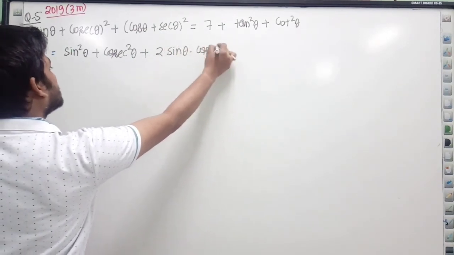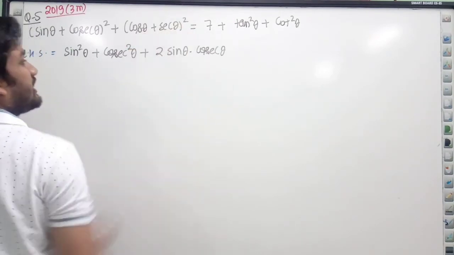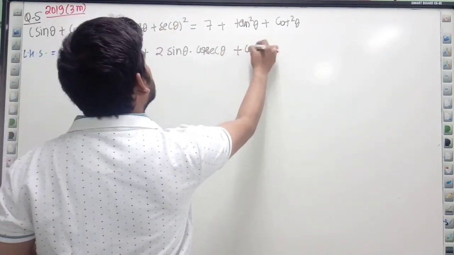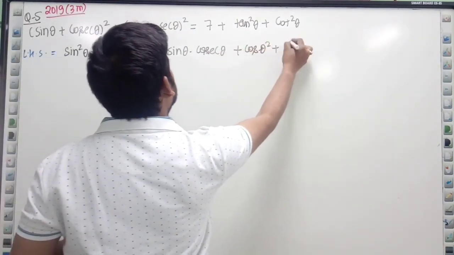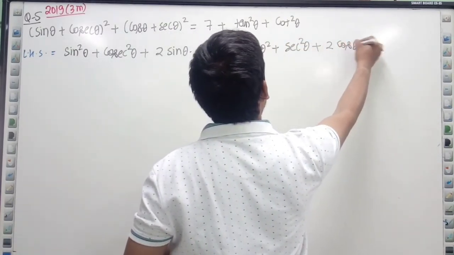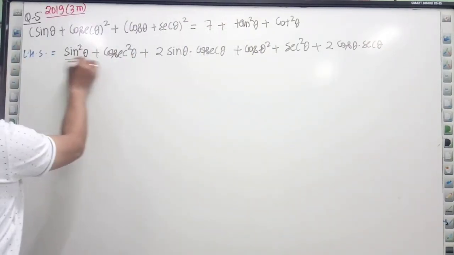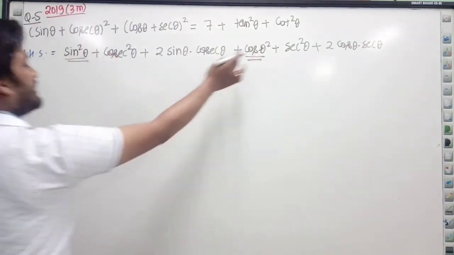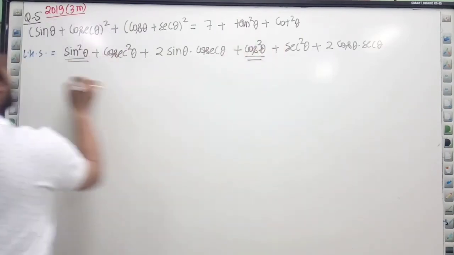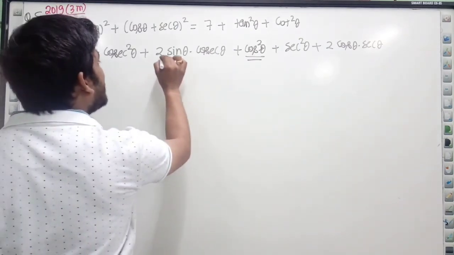Again, (a plus b) whole square is what? a square plus b square plus 2ab. Now, what is sin square theta plus cos square theta? You can say 1. Then I can write, can I say sec into cosec is 1?